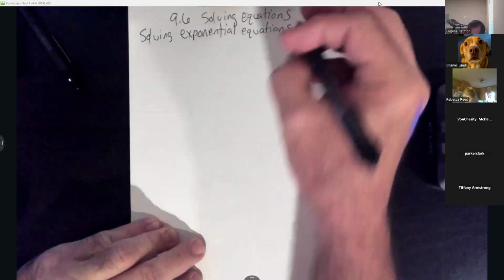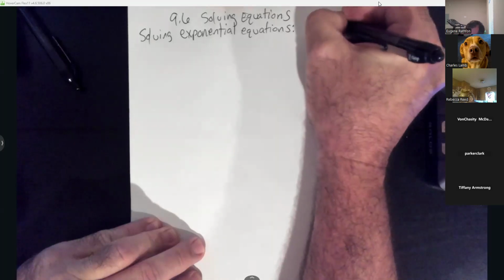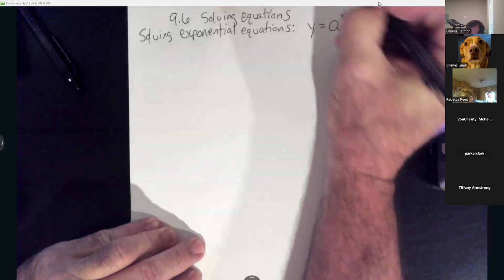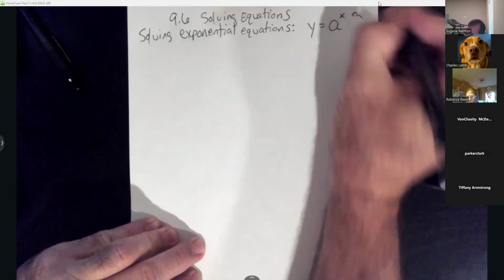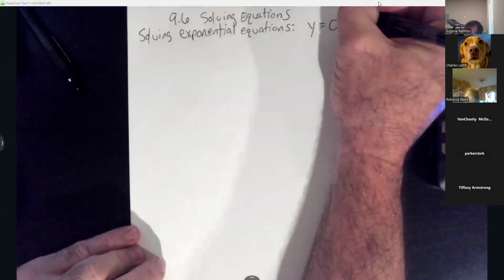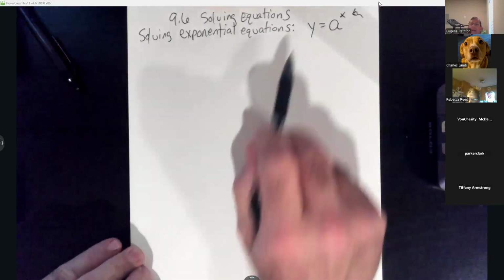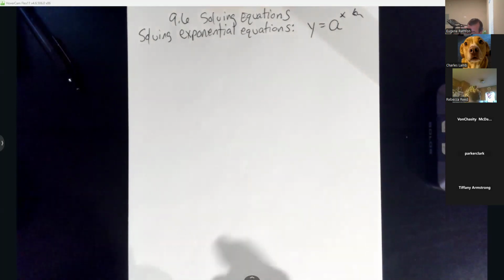And y'all, exponential equations come in this form: y equals a to the x. And we're going to be solving for these variables here. So now the exponent is the variable on these equations, okay?